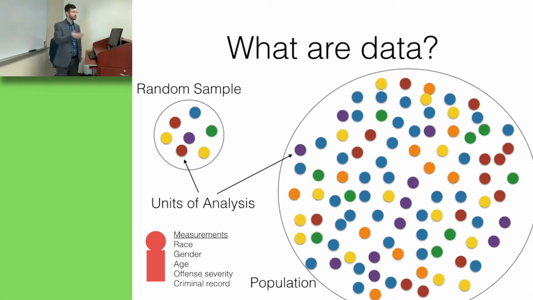From what I can tell, the majority of you are either juniors or seniors. So we only have two groups. So the unit of analysis is one of the things that you are interested in studying. It's one member of the population. It's one member of your sample.